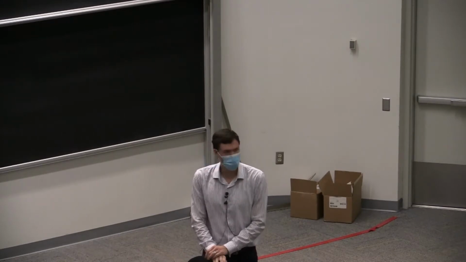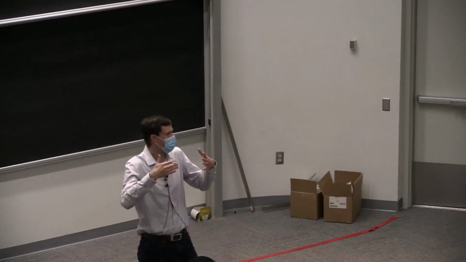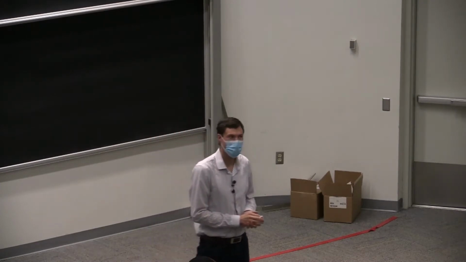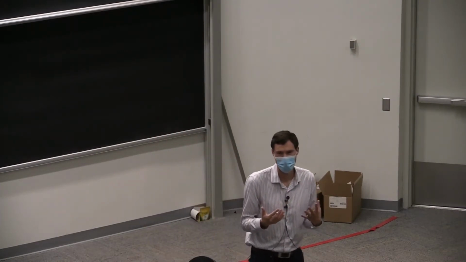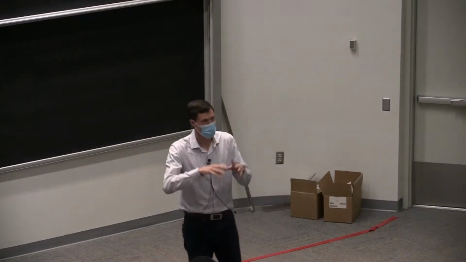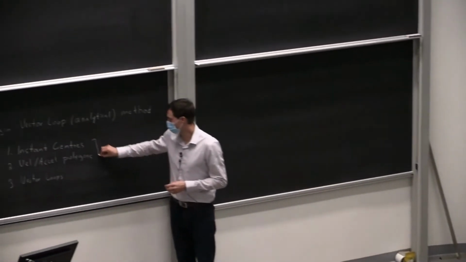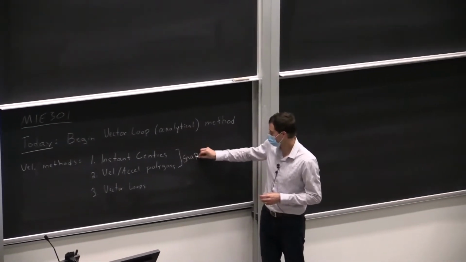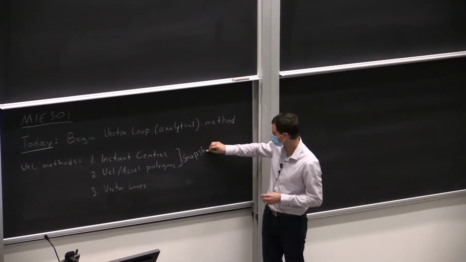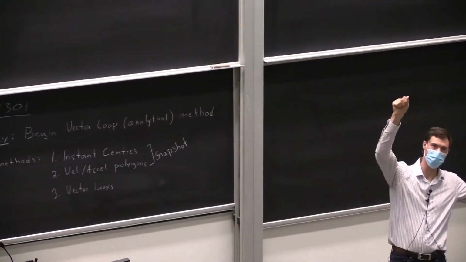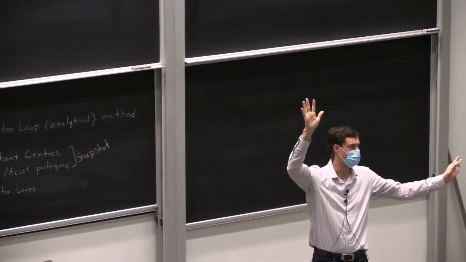And vector loop method, a lot of you have been anticipating this method, especially for your projects. You've been basically asking me, how can we do a full mechanism analysis that's not just a snapshot? So these first two methods are just for a snapshot in time. We isolate one mechanism configuration where link 2 is right here, and we study it.